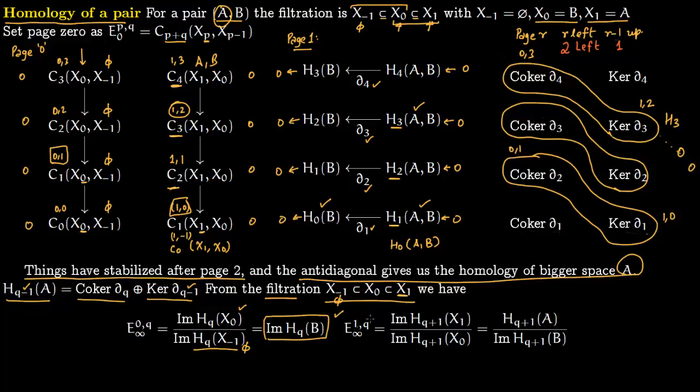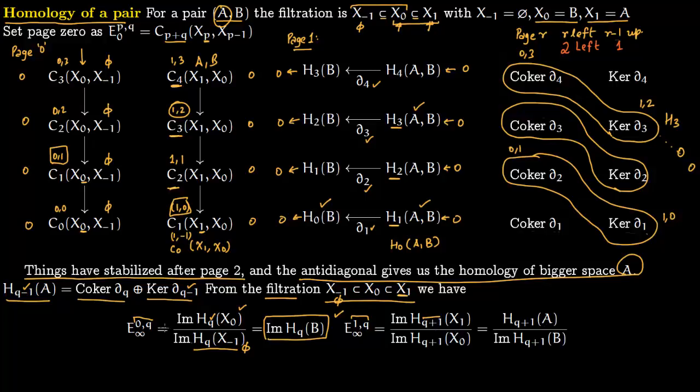What about column 1? This is our column 1. This column 1 is the image of H_{q+1}(X_1) over the image of H_{q+1}(X_0). Again this follows from our formula for the infinity page. See, this index q is q+0, and this index q+1 is this q+1, and this is just our formula arising from the filtration.